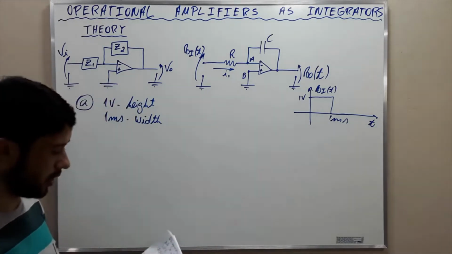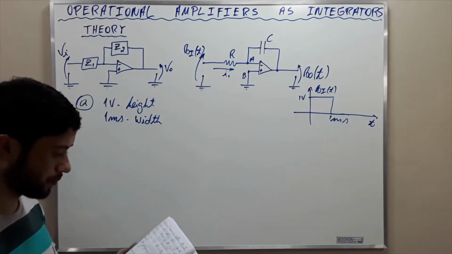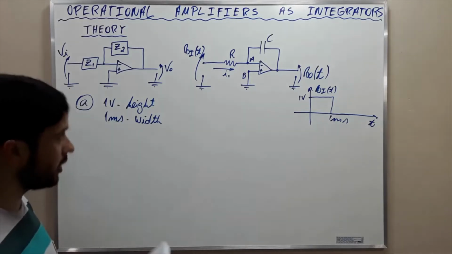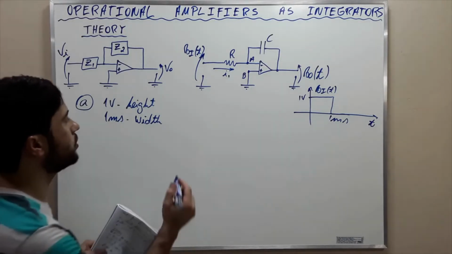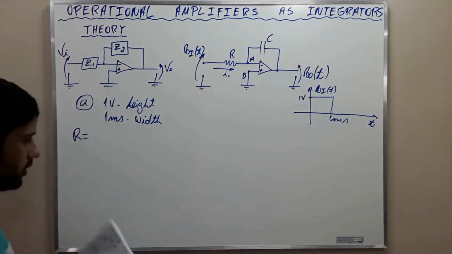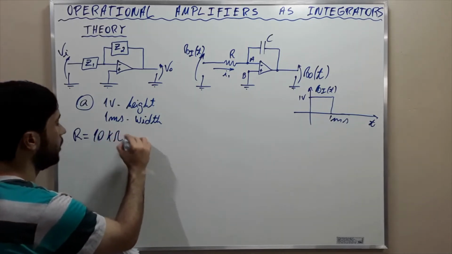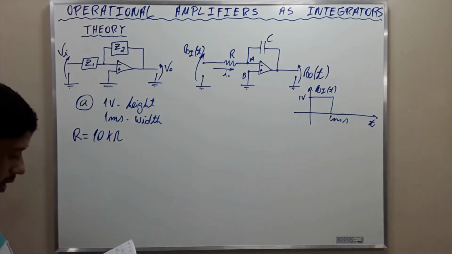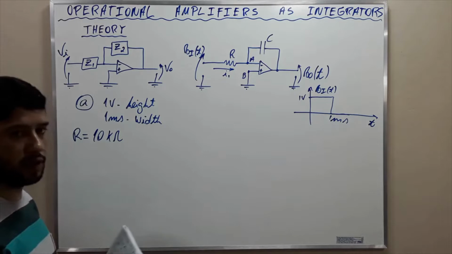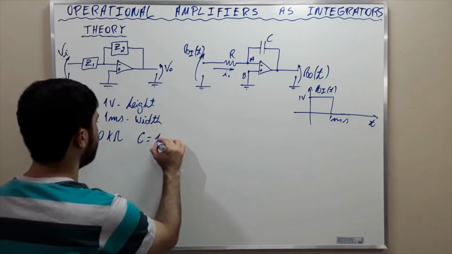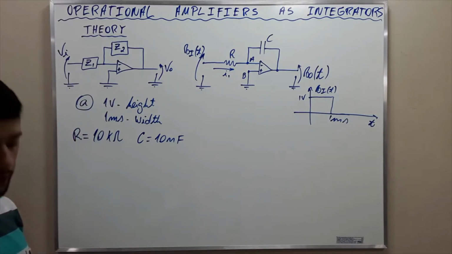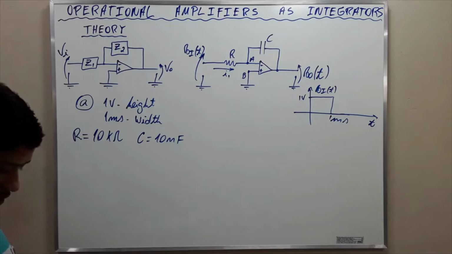This is what the exercise wants us to consider in letter A. And the exercise wants us to consider R to be 10 kilo ohms, and the capacitor here 10 nanofarads. Okay, this is what we're going to work with, and let's solve it.